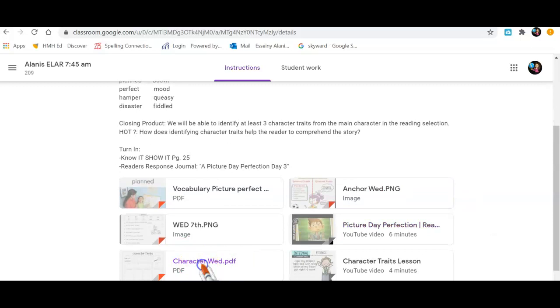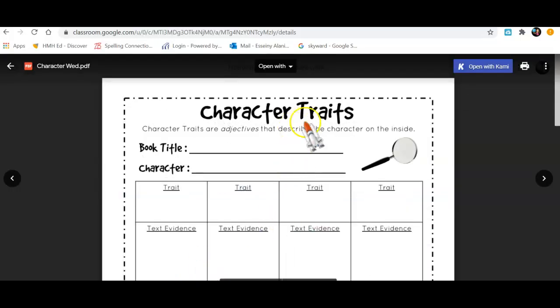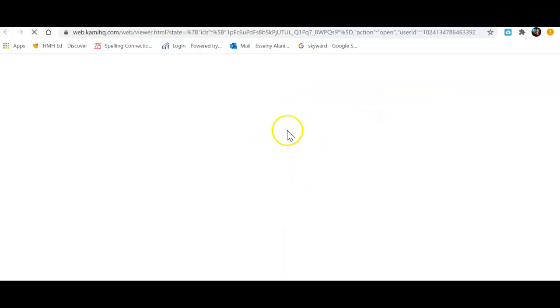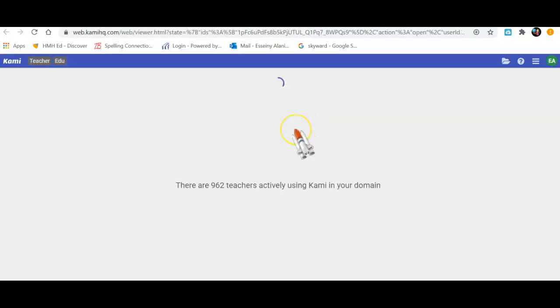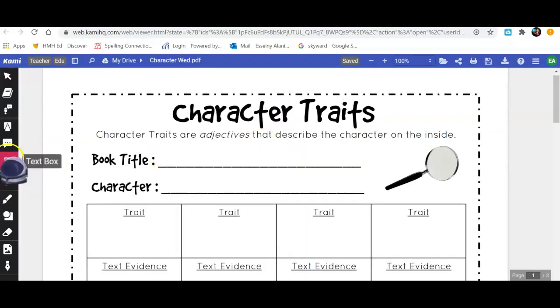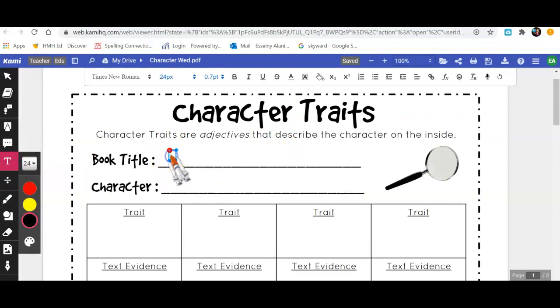Let's look here at our character Wednesday. This one we're going to do together, so you don't have to do it. You can take notes in your journal if you would like, but we're gonna do it together just so that you can practice. So here we're gonna put the book title.